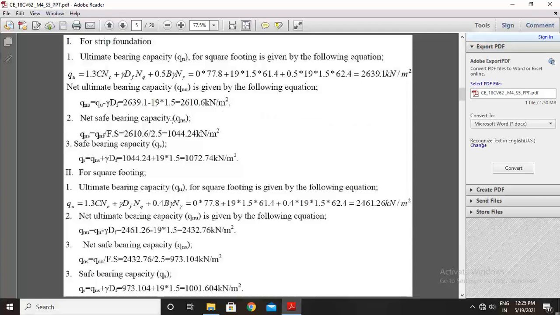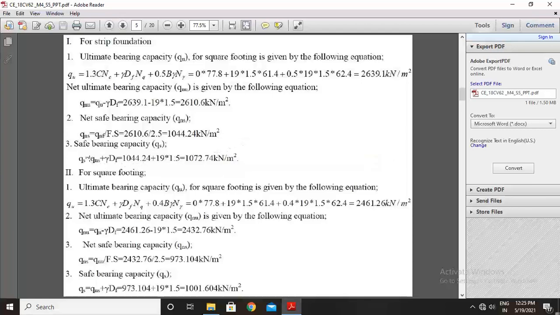The net safe bearing capacity is given by QNS equal to QNU by factor of safety. So substitute the values: QNU is 2610.6 divided by factor of safety 2.5. We are getting the answer 1044.24 kilonewton per meter square.